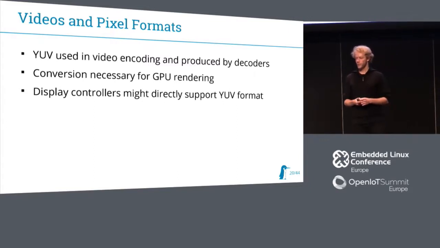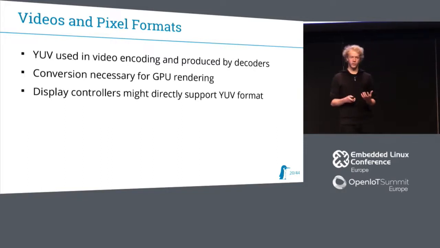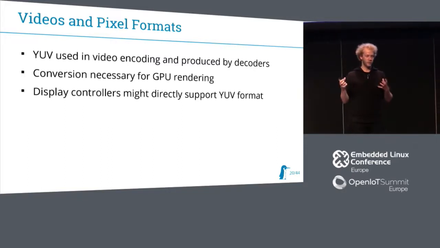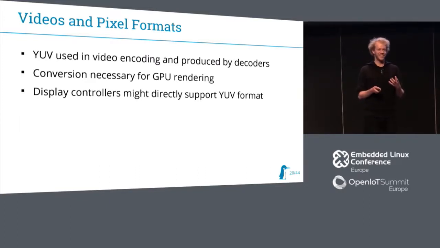But some display controllers might even understand YUV formats or even different custom formats. Like I said before, IP cores understand strange formats, or your hardware has some converter built in to translate this. So this is also provided by the drivers. So drivers tell you what they support.